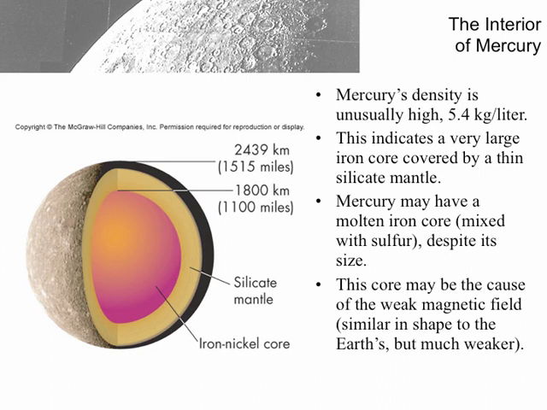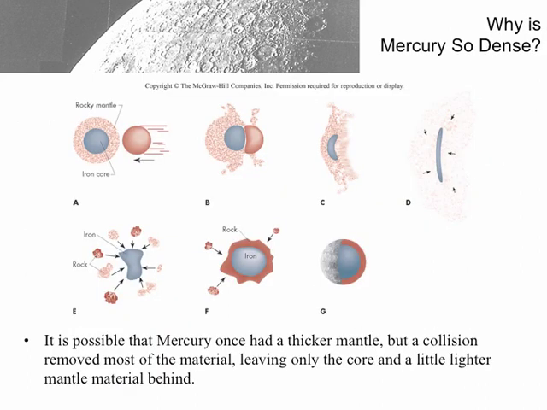To have a magnetic field, you need both some kind of metal and also some kind of rotation. While Mercury has much more metal in its core than does Earth, it rotates extremely slowly. And we'll get back to that in a moment. But first, let's ask ourselves why it is that Mercury is so dense. Why does it have this huge iron core?